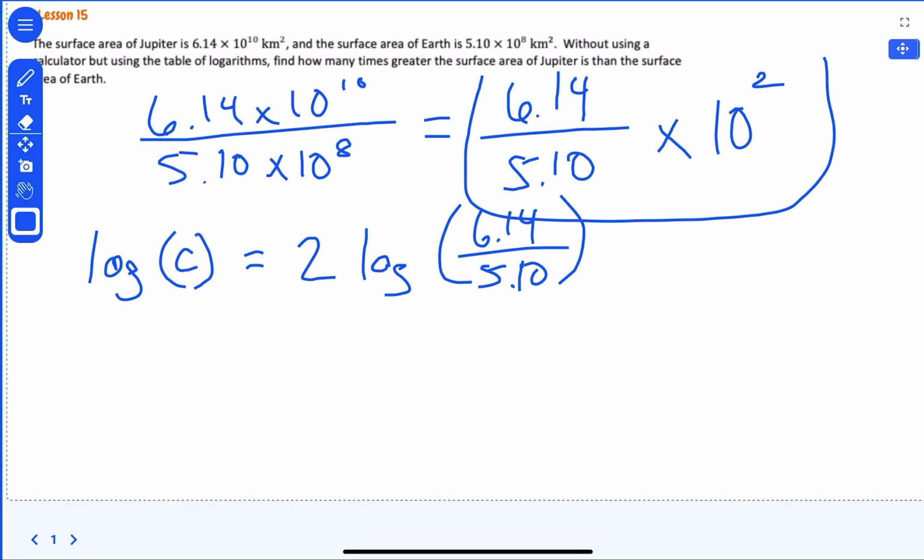How can we rewrite it? Two log what? Actually, 2 plus log what?